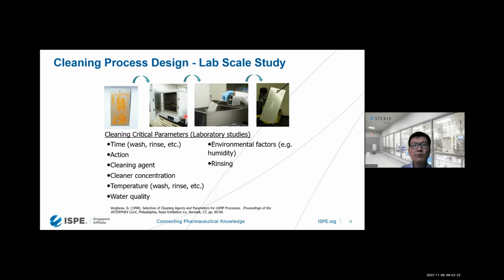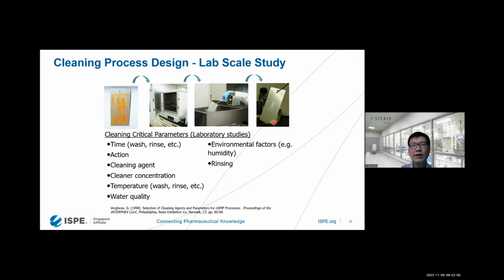For example, if the soil is exposed to 24 hours at 80 degrees in the manufacturing process, then you can put the soil coupon into the oven for 24 hours at 80 degrees. After that, you simulate the cleaning process using a set of cleaning parameters, using various concentrations of the cleaning agent, cleaning time, and temperature as well.